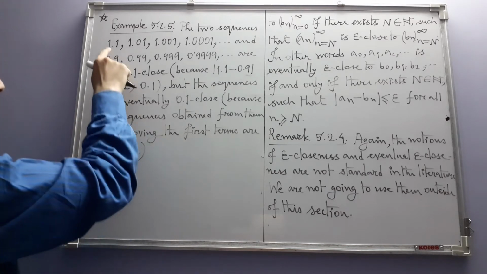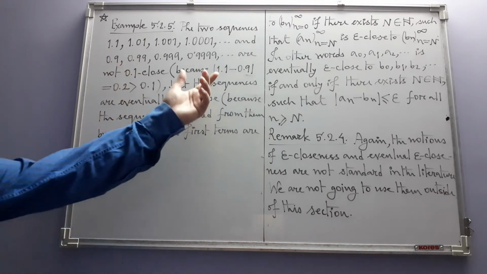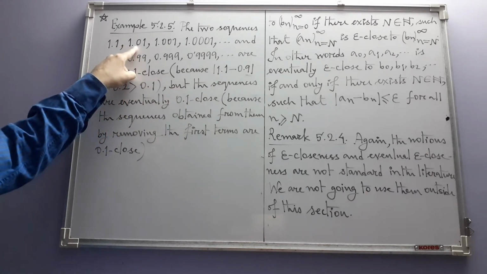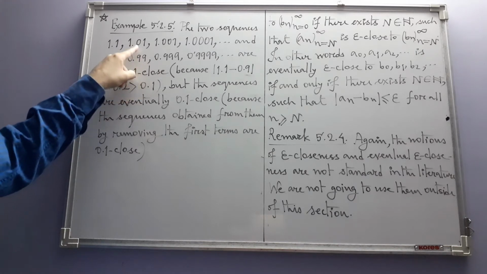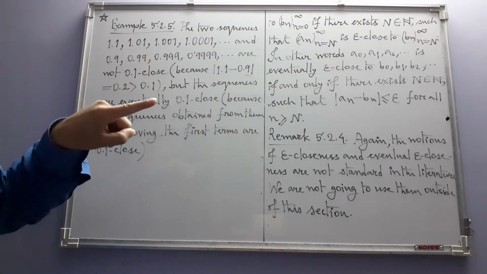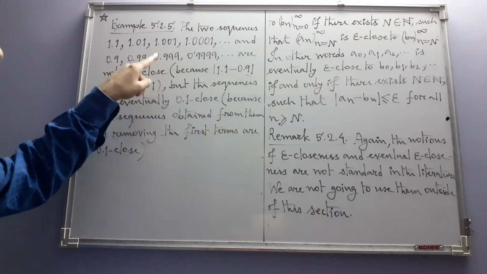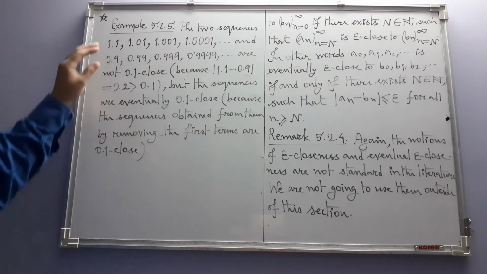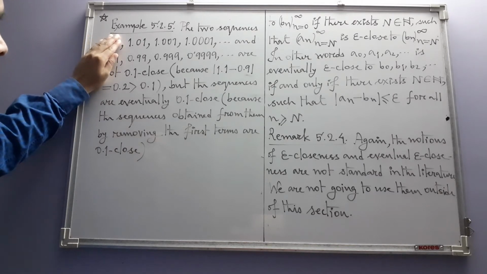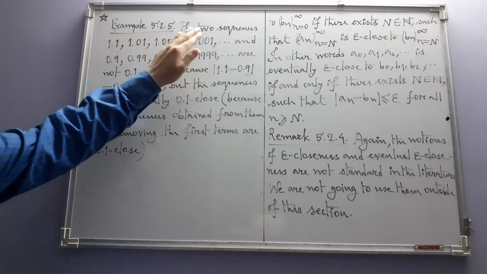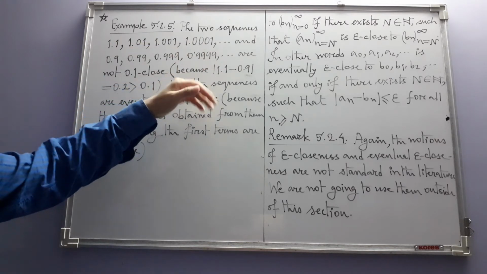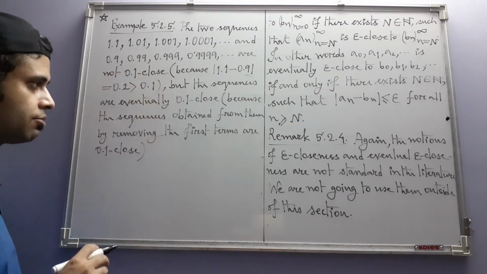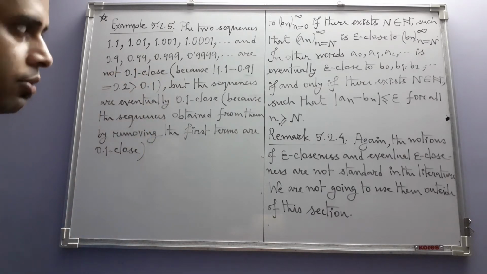If you remove these two, that is, if you remove the problematic difference, then what about the other differences? Here the difference is 0.02, here the difference is 0.002, and all of them are less than 0.1. So if you remove these first two terms, then the remaining terms form sequences that are 0.1 close, and as such the original sequences are eventually 0.1 close.